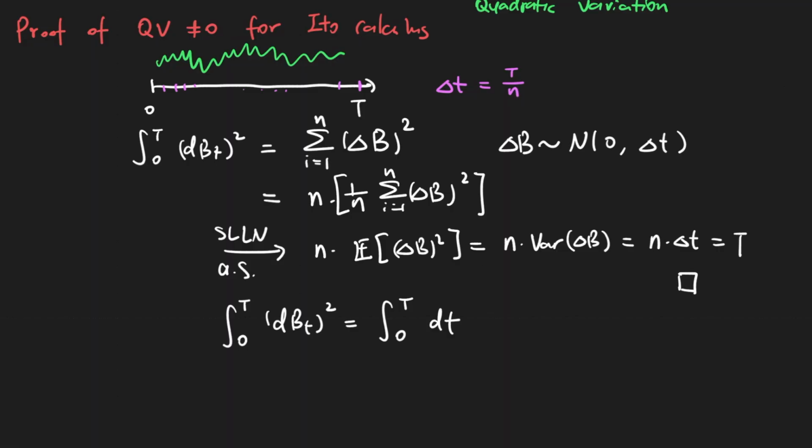And this implies that the square of the Brownian motion equals dt. So this is the intuition behind quadratic variation, and a full rigorous proof requires the machinery of Ito integrals and stochastic convergence. But this proof right here is the reason why the second order term is not negligible in Brownian motion.